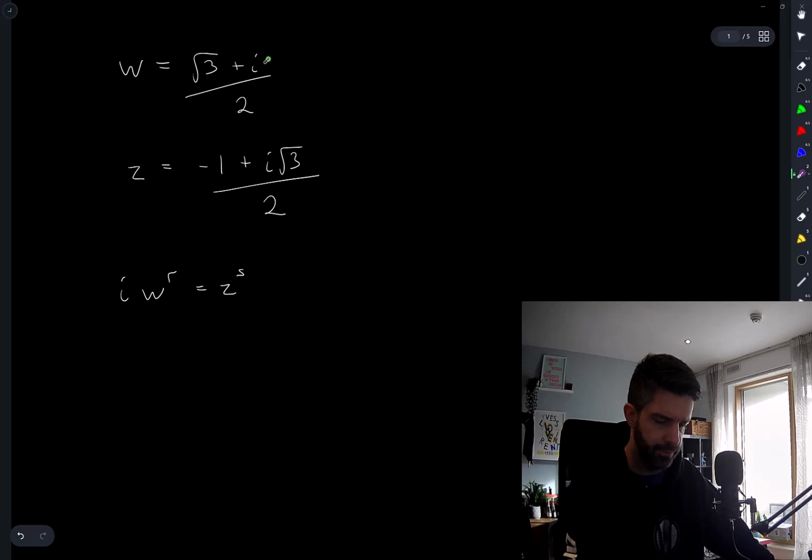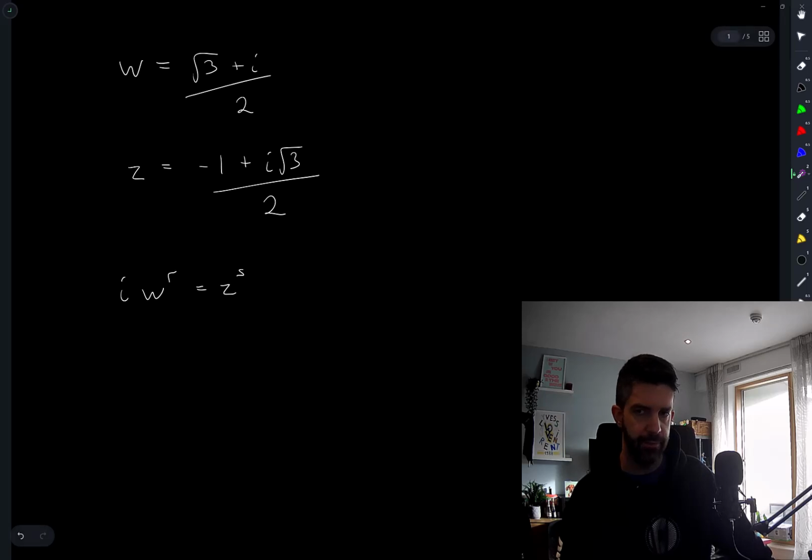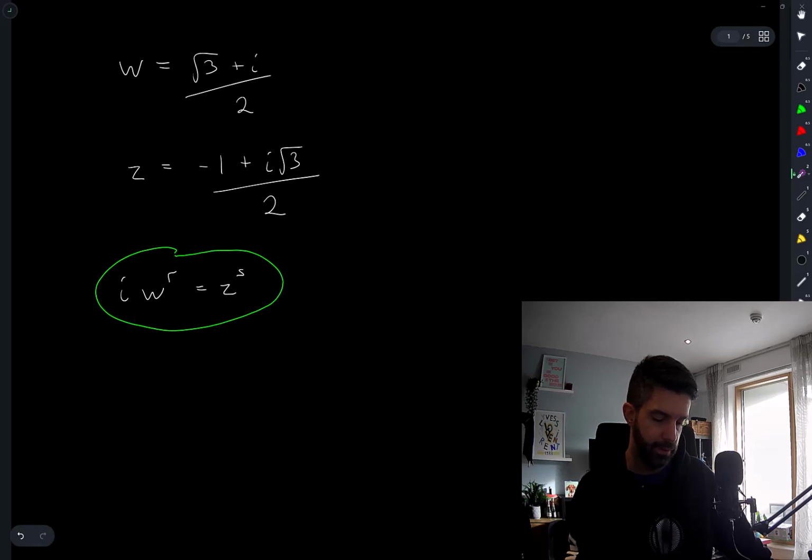We have something of magnitude 1 over 2, something of magnitude 1 over 2, plus something of magnitude root 3 over 2, something of magnitude root 3 over 2. So w and z have the same modulus, meaning that these only have the same modulus if r is equal to s.